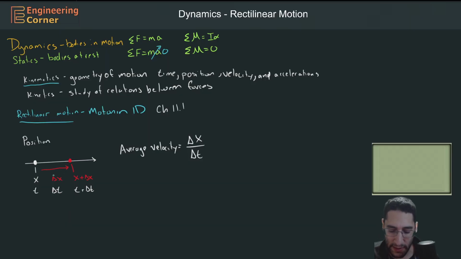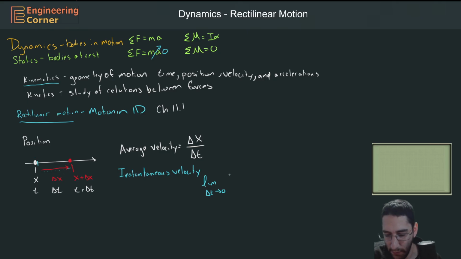So as we make this smaller and smaller, we're going to say that my instantaneous velocity is going to be the limit as delta t approaches 0. So I get smaller and smaller and smaller here. So at some point, I have a limit where my delta t is so small it's approaching 0.